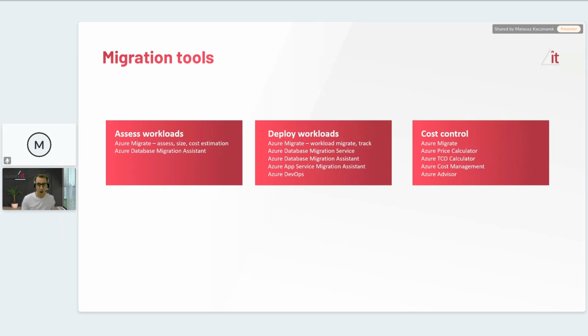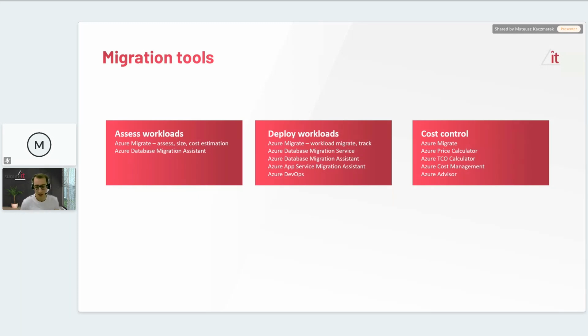And for cost control, I can recommend tools such as Azure Price Calculator to calculate individually each of the resources in the cloud if we are interested in deploying that in our cloud.